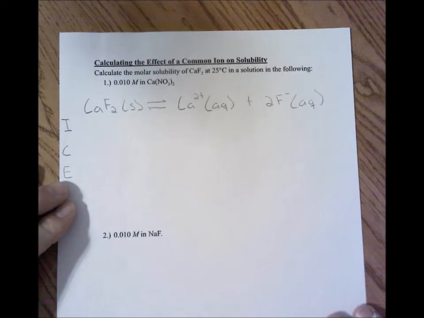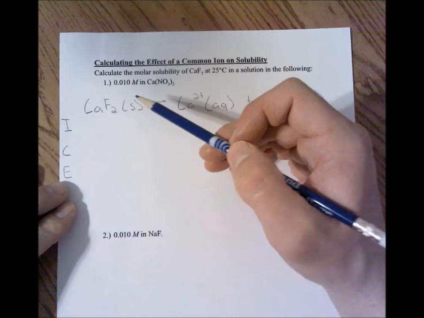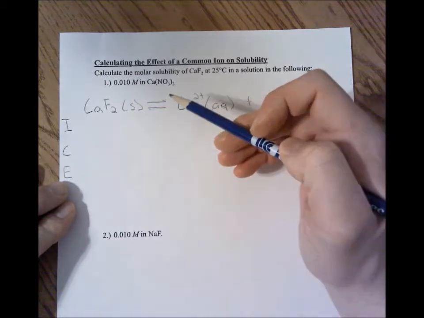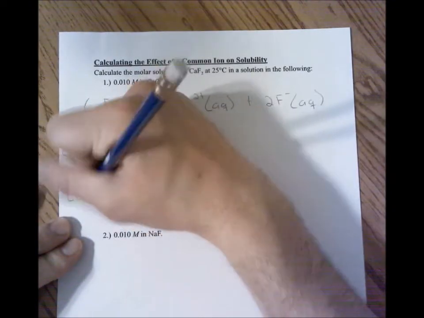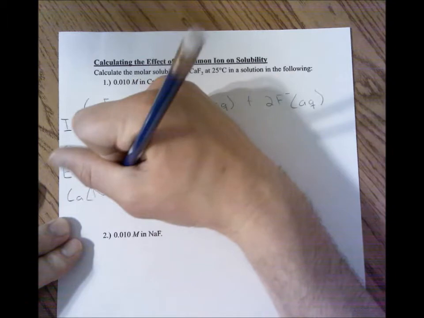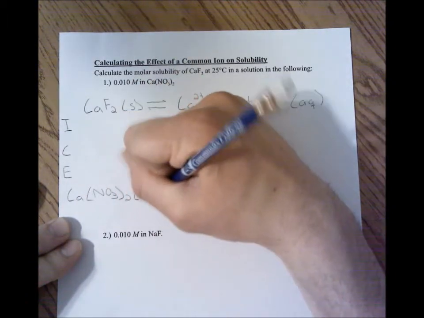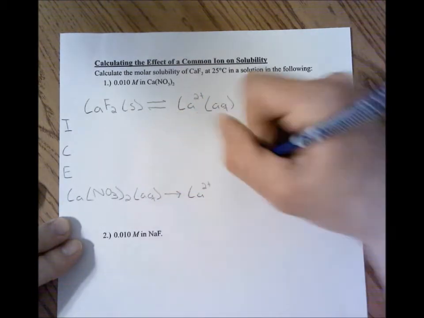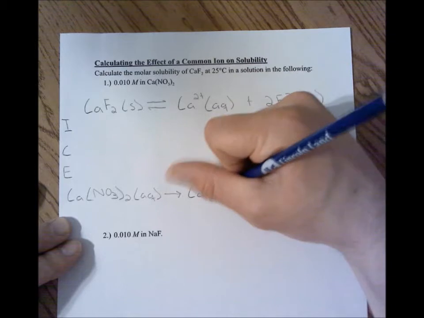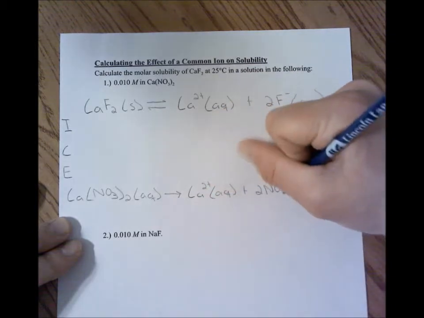We now have 0.010 molar of calcium nitrate. So calcium nitrate, Ca(NO3)2, in solution breaks down to calcium 2+ and 2 NO3- ions.